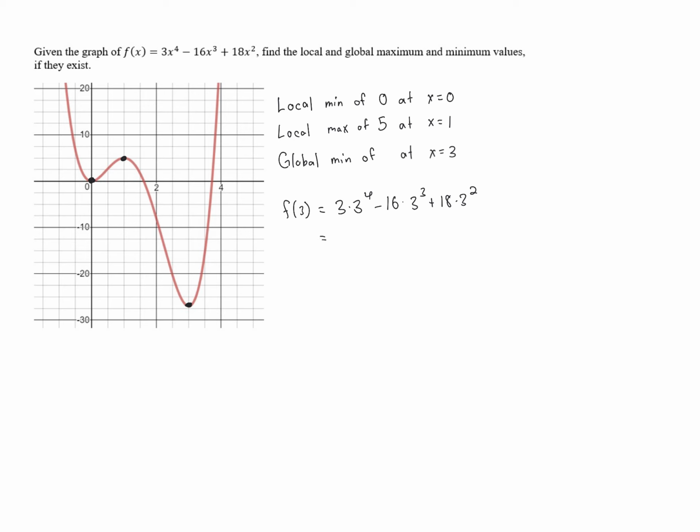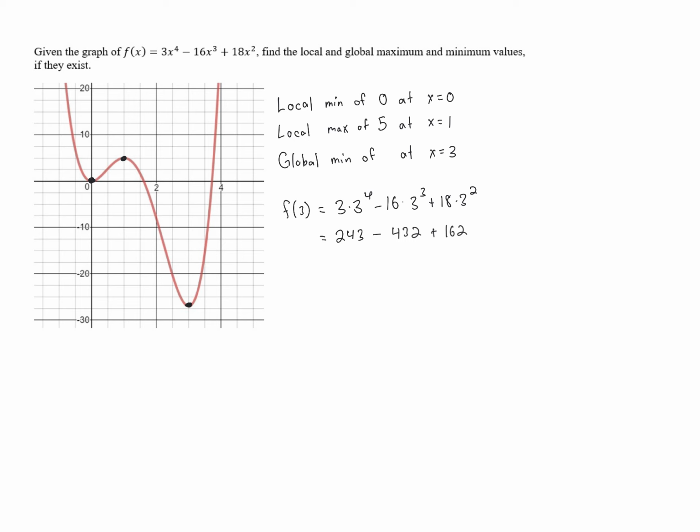So 3 to the fourth is 81, and 81 times 3 is 243, minus 3 cubed is 27, and 16 times 27 is 432, plus 18 times 3 squared. 3 squared is 9. 9 times 18 is 162.